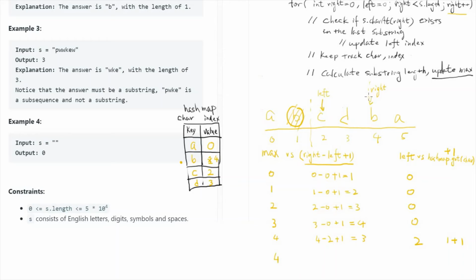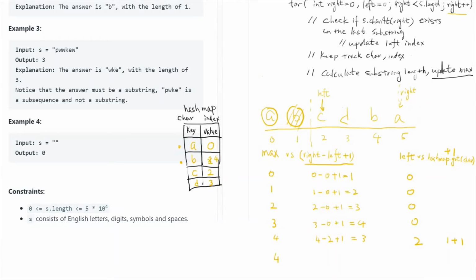Then we move the right index to the next character. We check the letter A, if A is in the hash map. We found A in the hash map. The previous position is 0. So A is here.